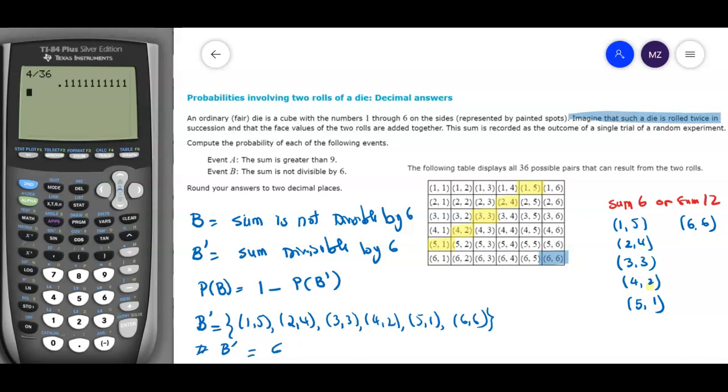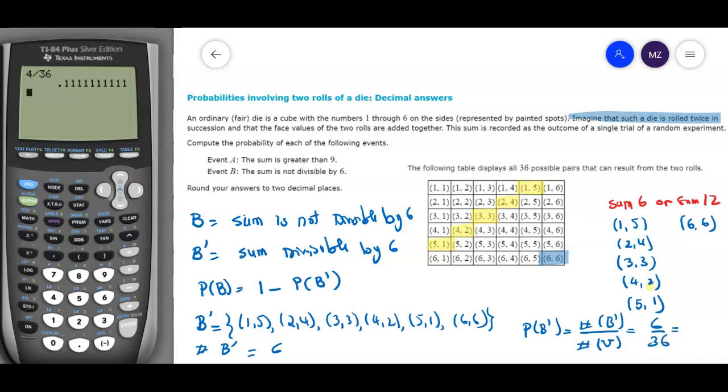And finally, we can figure out what is the probability of B prime. So this is going to be the number in B prime divided by the number of the universal set. And B prime is 6 divided by 36.